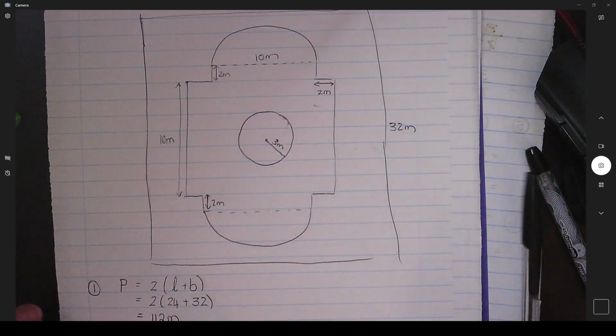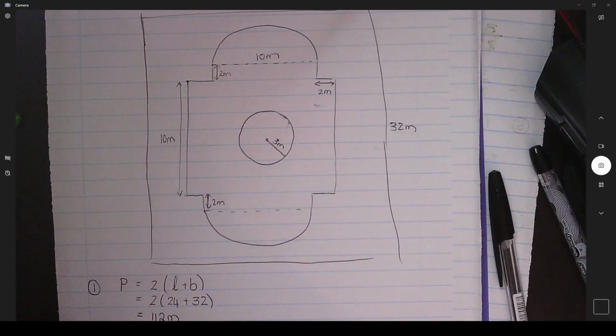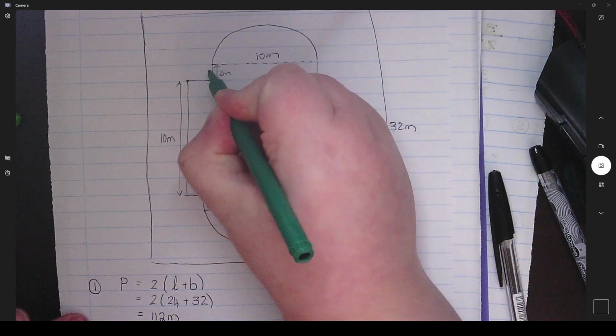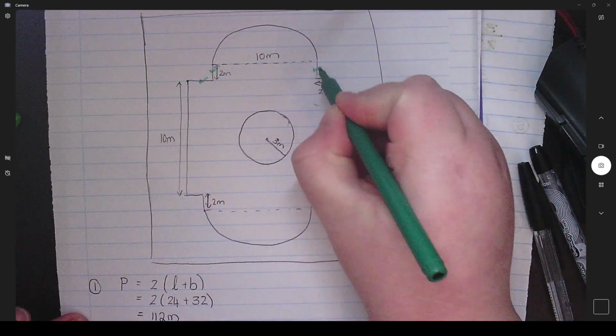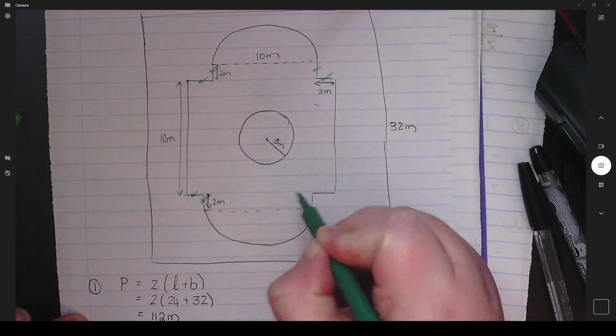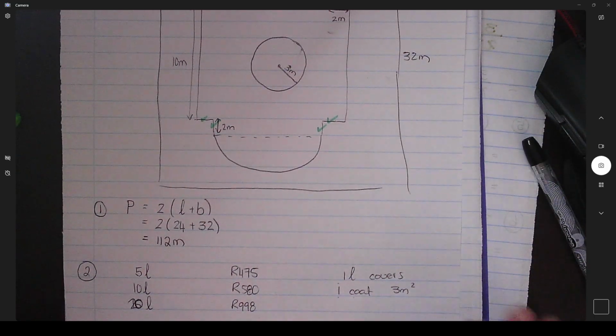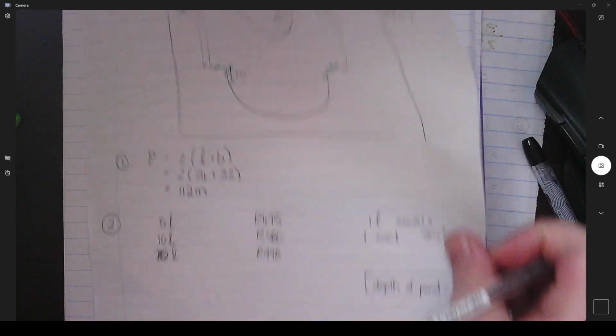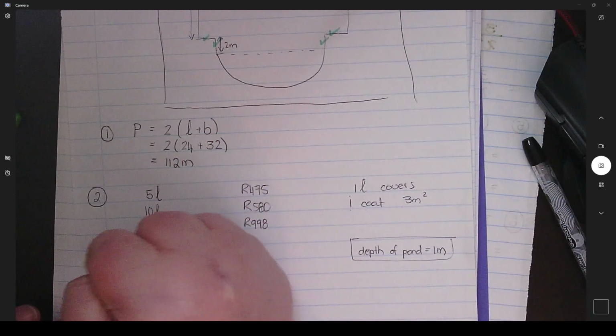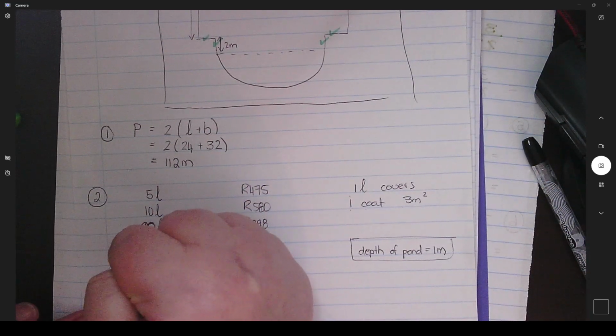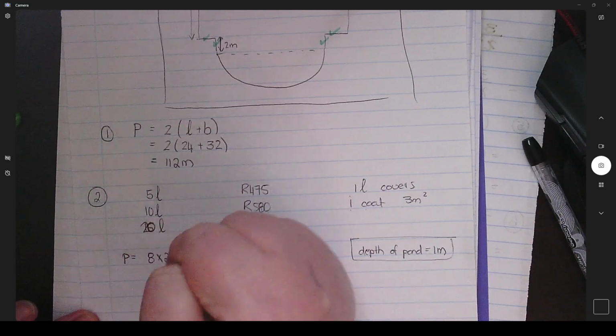So, firstly, we need to count the number of 2 meter sections. There's 1, 2, 3, 4, 5, 6, 7, 8. So I'm going to say perimeter, there are 8 2 meter sections.